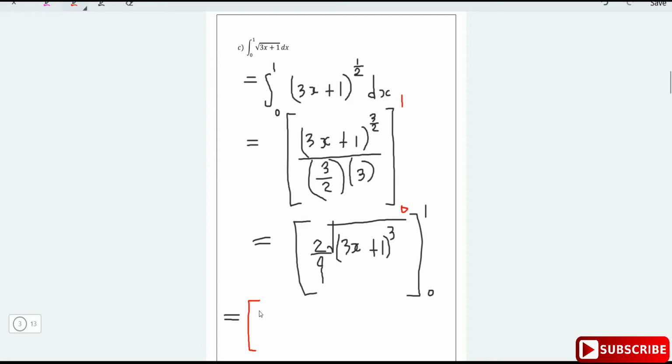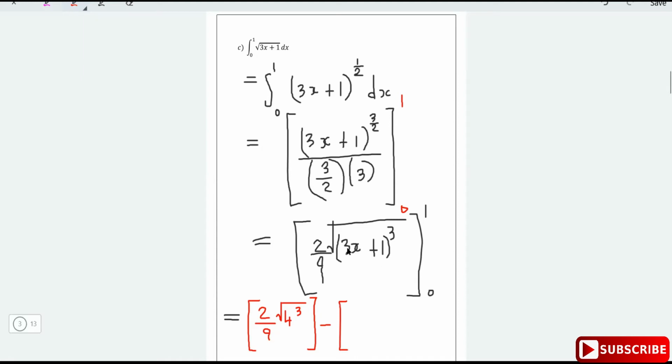So plugging in the 1, we're getting 2 over 9 times, this is 3 plus 1 is 4, so that is 4 cubed square rooted. This is what we get, 4 cubed square rooted, minus, in brackets, we'll plug in 0.